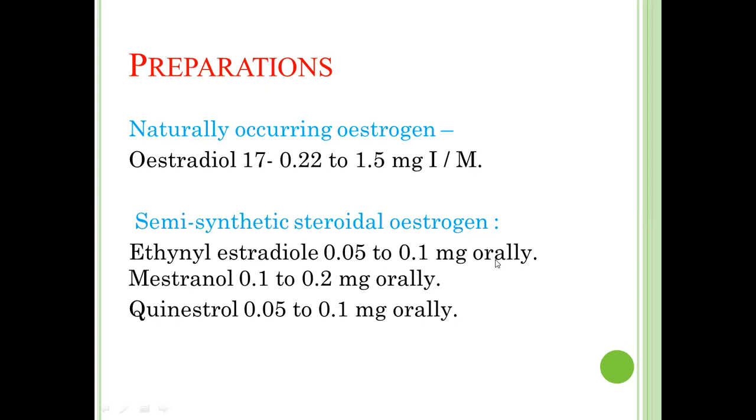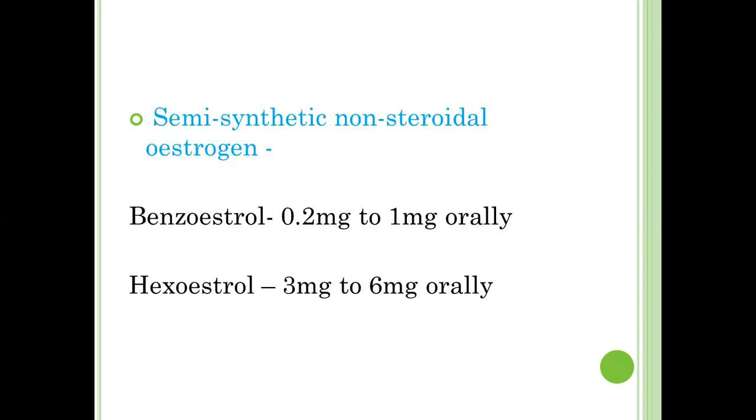Then semi-synthetic steroidal estrogen: ethinyl estradiol 0.05 to 0.1 mg orally, mestranol 0.1 to 0.2 mg orally, quinestrol 0.05 to 0.1 mg orally. Next, semi-synthetic non-steroidal: benzoestrol 0.2 mg to 1 mg orally, then hexoestrol 3 mg to 6 mg orally.